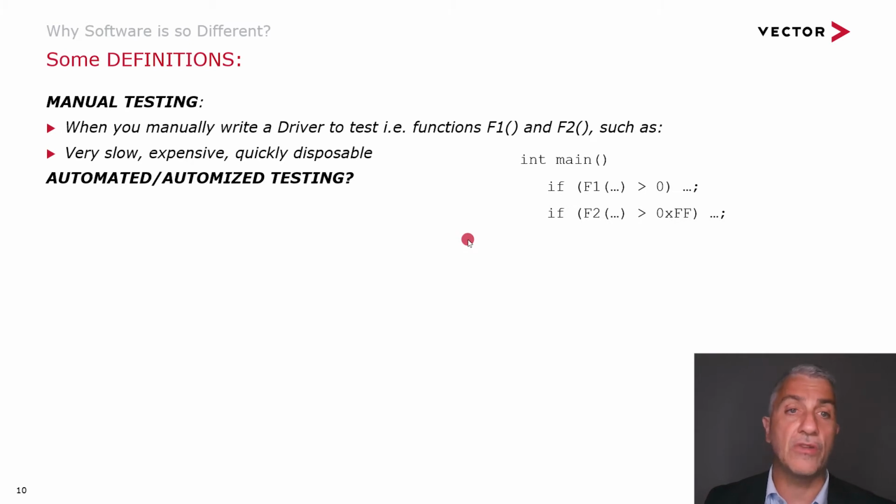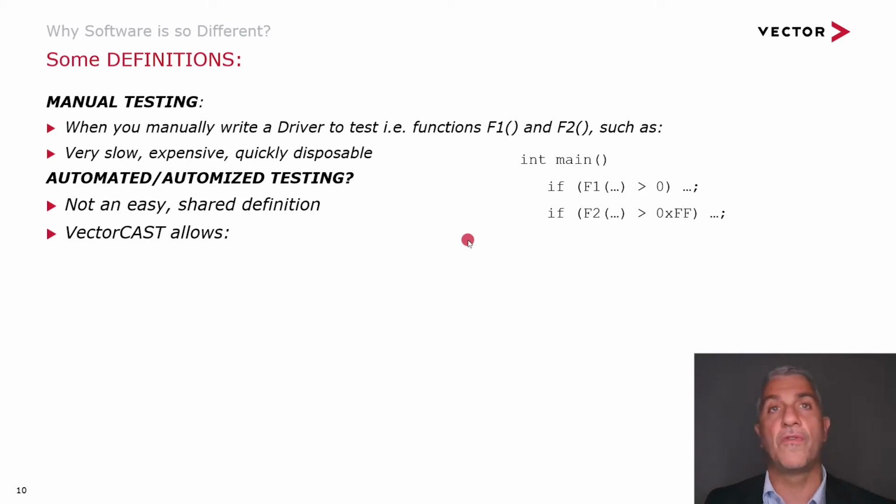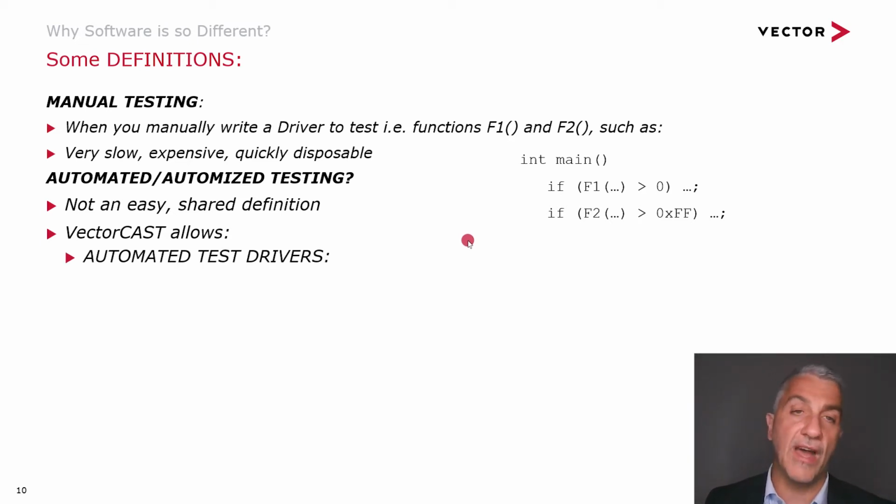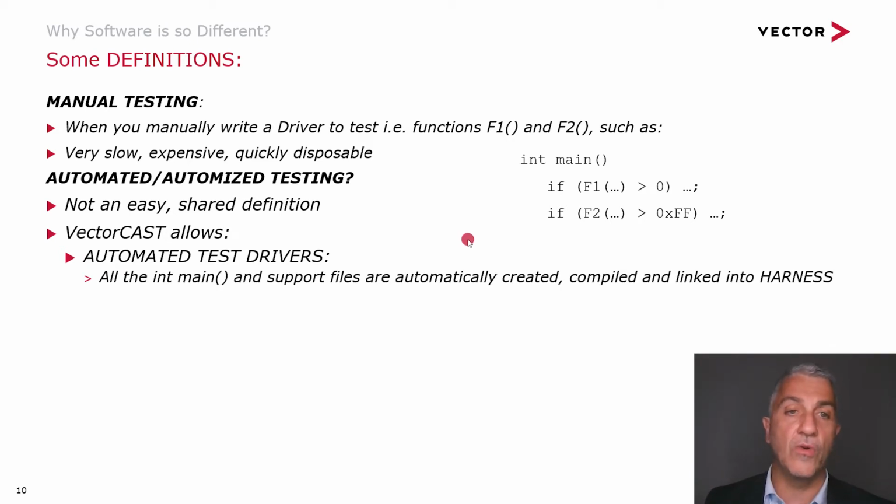If we talk about automated testing, what are we talking about? It's not easy, it's not a definition that everybody agrees on. VectorCAST, our tool for software testing, allows you to create automated test drivers, where VectorCAST could create for you all the main and all the support files. Everything is automatically created, compiled, and linked into a harness.